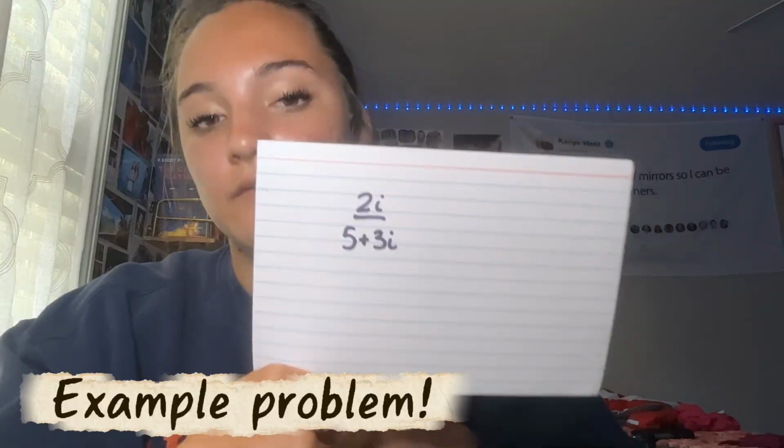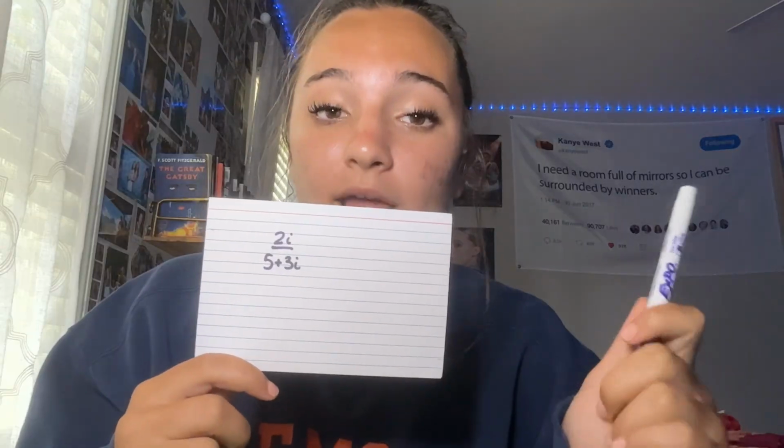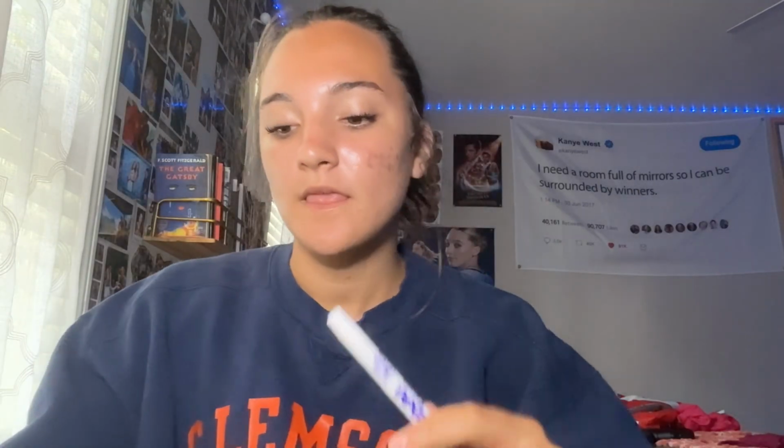So if you have your expression 2i divided by 5 plus 3i, what you will do is multiply the denominator by 5 minus 3i. Right? So you multiply both the numerator and the denominator, because you have to multiply the whole thing by 1, because you're not changing the expression then.